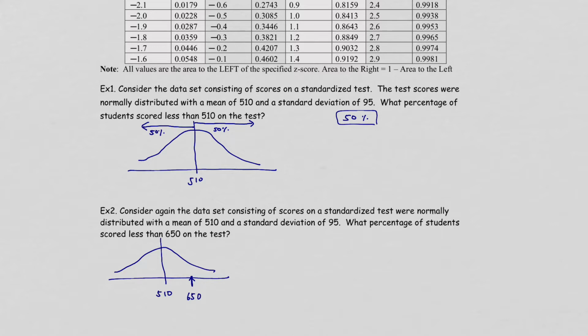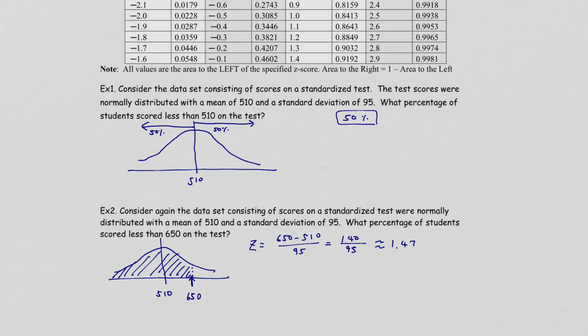This is the area that we're trying to look for. What we need to do is find the z-score first. So we do 650 minus 510. That figures out how many standard deviations there are. That gives you 140 divided by 95, which is going to be 1.47.